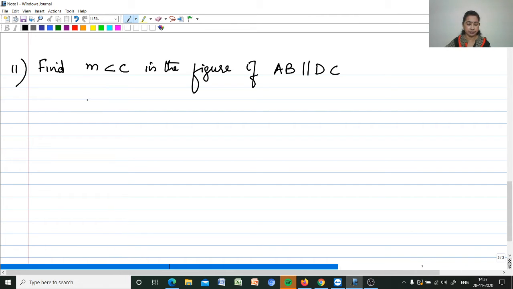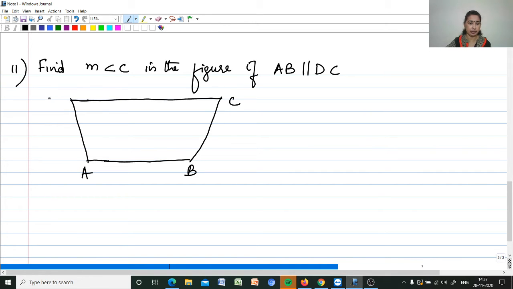The figure is given here. Here this is A, B, C and D. This angle is given as 120 degrees. We have to find the measure of angle C if AB and CD are parallel.